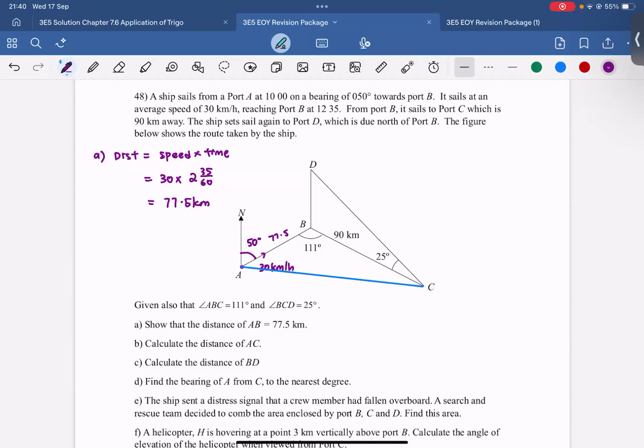Part B, calculate the distance AC. How to calculate B? It's a typical cosine rule pattern, right? You got the included angle and the two sides. So AC square is equals to 77.5 square plus 90 square minus 2 times 77.5 times 90 cosine 111.